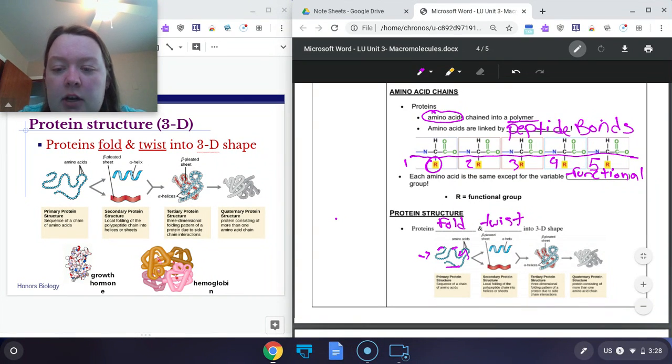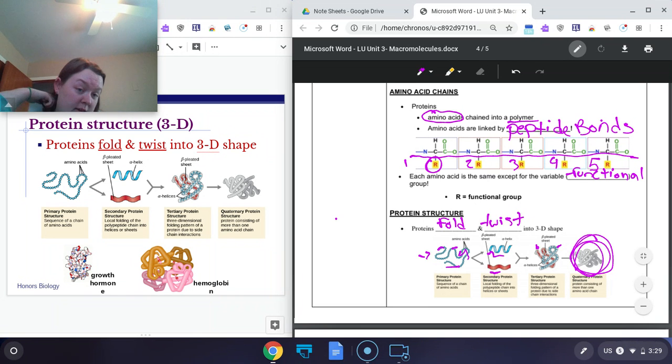Then these amino acids are going to interact with each other, and it could give the protein either a helical shape or a flat shape. Sometimes different protein chains will interact with one another. So here we have a blue protein and a red. Then they will fold upon themselves again to create the protein itself that is going to do a job.